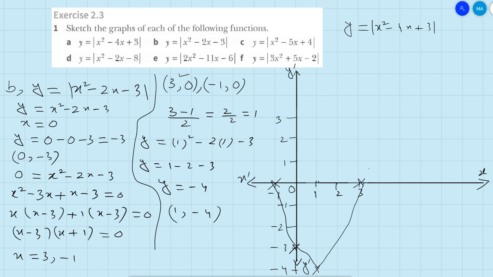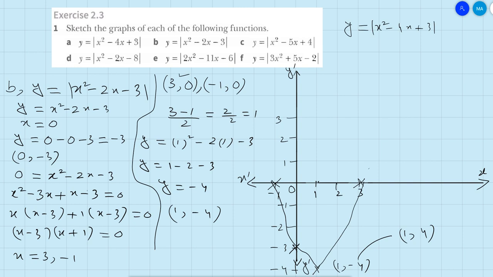Not a good curve, but you should keep in mind you have to draw with pencil. So this point 1 minus 4, because we have to draw the graph of absolute function, should be 1 comma 4.